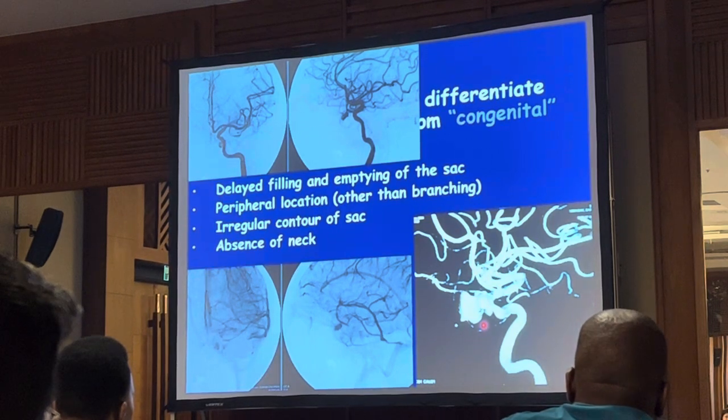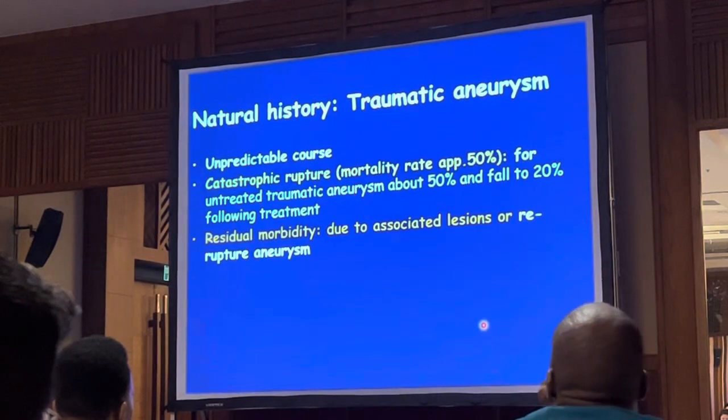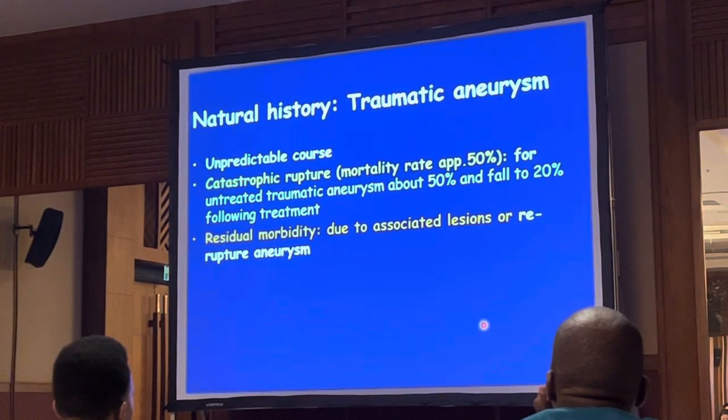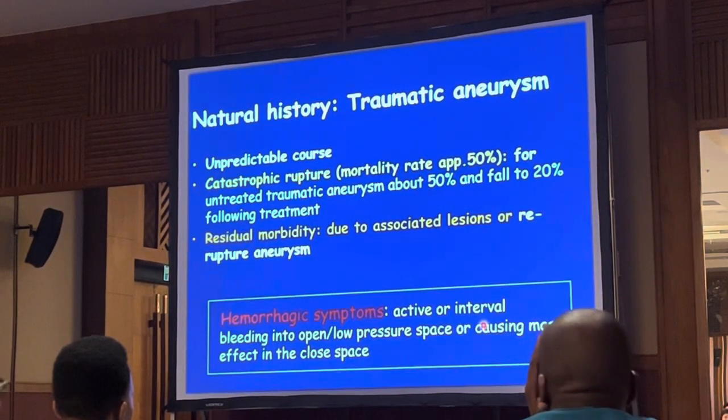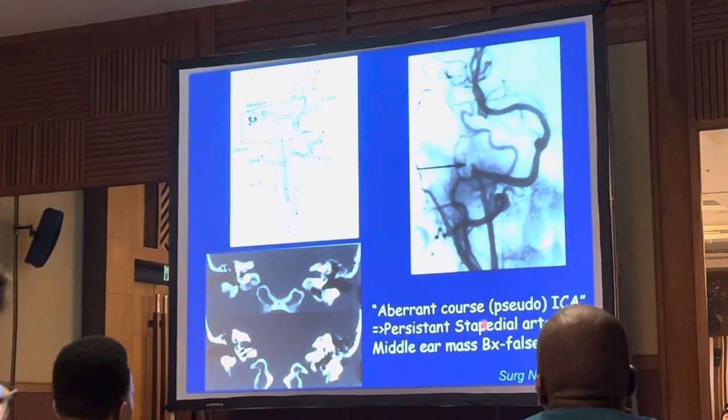That could be the difference between the regular aneurysm and this traumatic false aneurysm. Naturally, you see it is bad. There could be the catastrophic rupture, which has very high mortality. So usually when you see it, it's already symptomatic, and most of the symptoms are hemorrhagic symptoms.